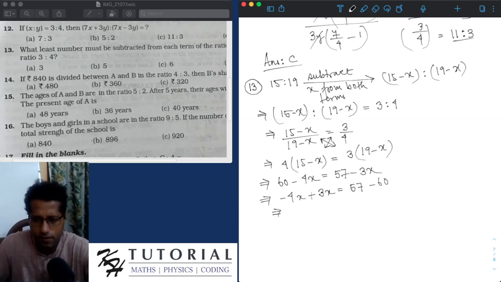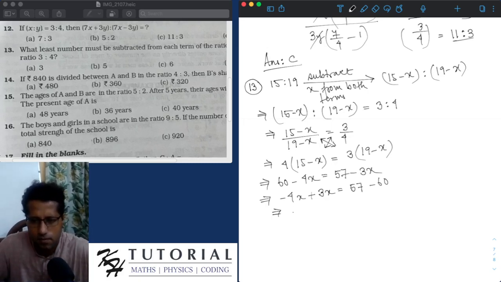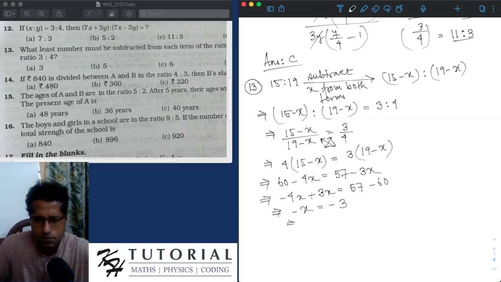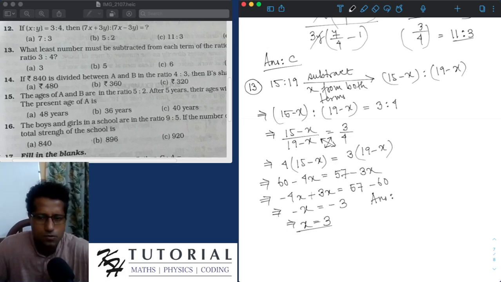Simplifying both sides, we get minus x equals minus 3. This implies x equals 3. So 3 has to be subtracted from both terms, 15 and 19, to make the ratio 3 is to 4. And the choice will be A.